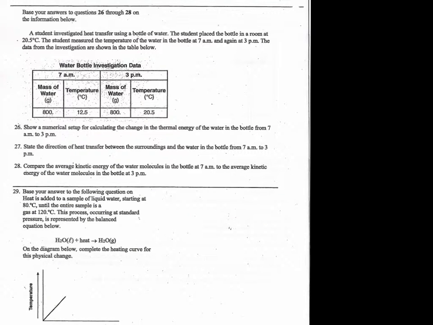Alright, so here we got a set of data which is used for numbers 26 through 28. We need to show a numerical setup. That means you don't have to solve, but you just want to see the setup for calculating the change in the thermal energy of the water in the bottle from 7 a.m. to 3 p.m. So this is an MCAT. Because here we notice there's a temperature change.